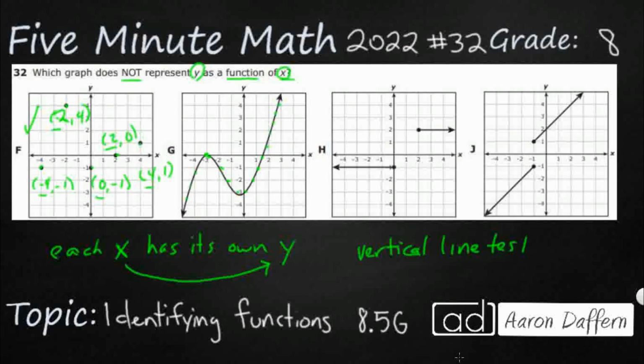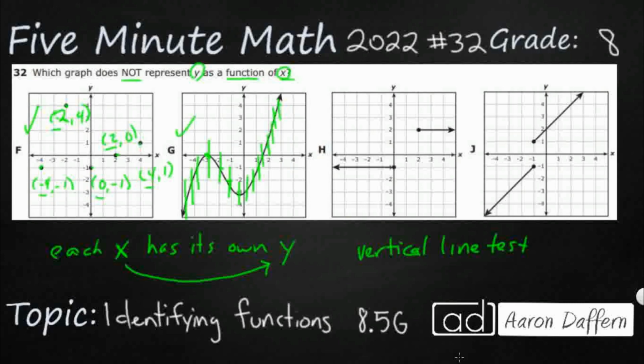If your graph passes the vertical line test, I'm going to draw some vertical lines here, it means that that vertical line does not pass through the graph twice. Each time you draw a vertical line, it only goes through the graph once. That means that each x has its own y, and you're good. So G looks good as well.